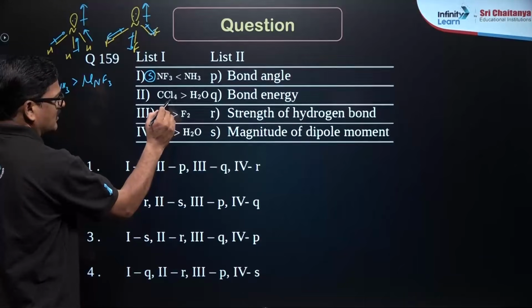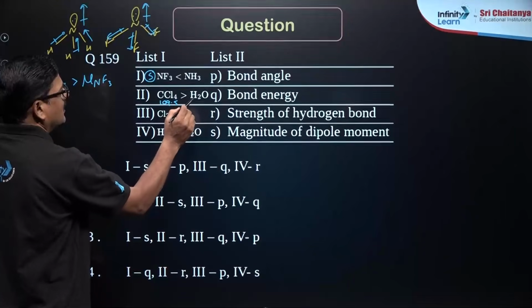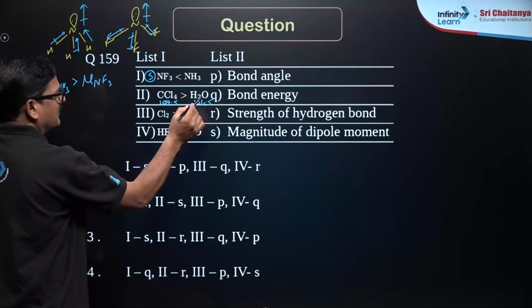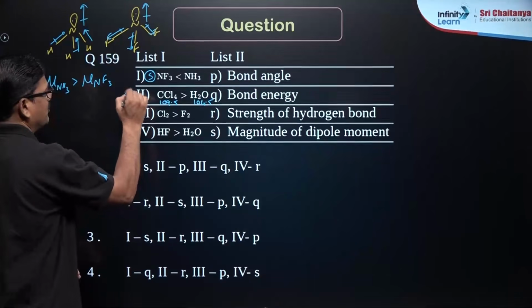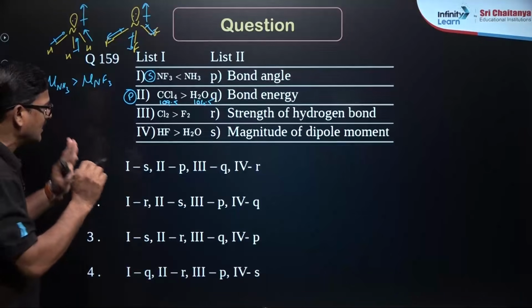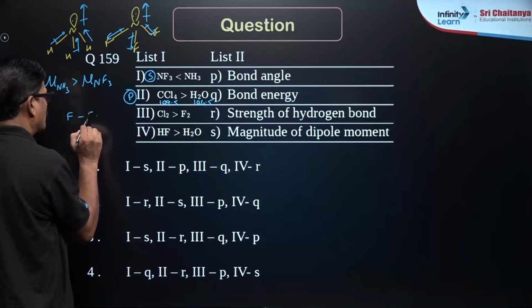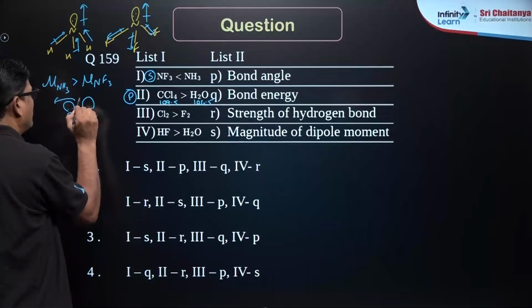And you can see CCl4, carbon tetrachloride, the bond angle is exactly 109.5, H2O 104.5. So, the bond angle of CCl4 is greater than H2O, I would like to say it is going to be P. And Cl2 and F2, bond energy of the fluorine is less as compared to chlorine because of the lone pair repulsion.